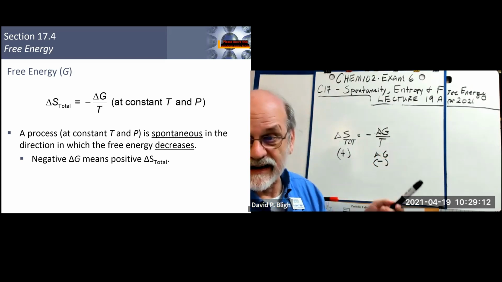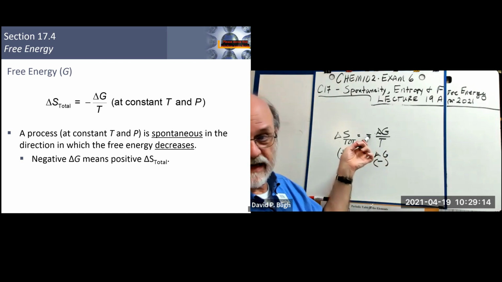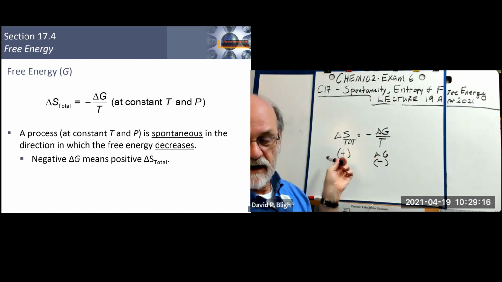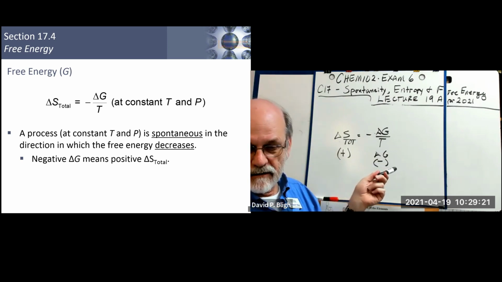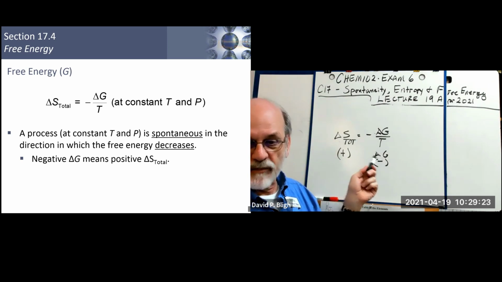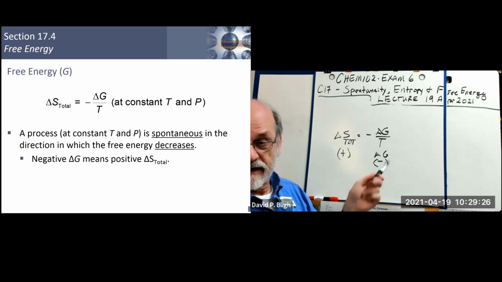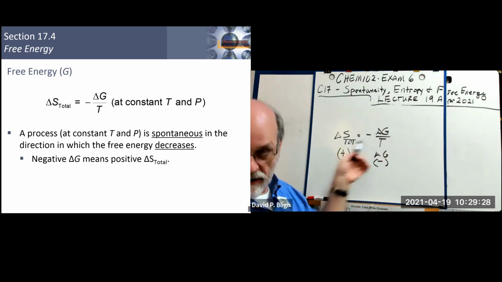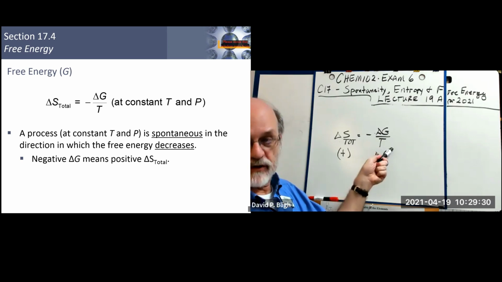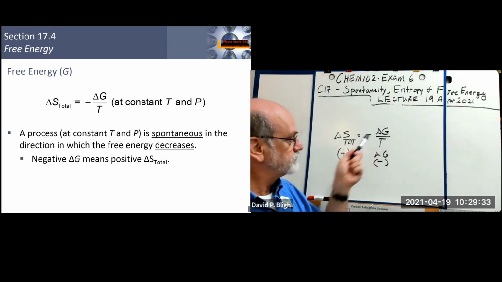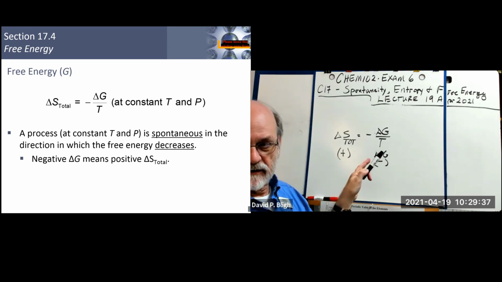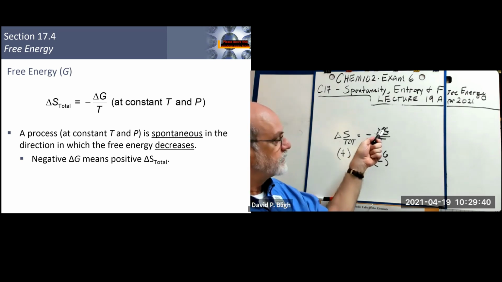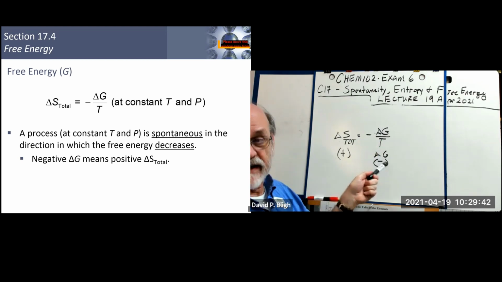Delta G has to be negative, right? Because a negative times a negative is a positive. So whenever delta G is negative, that means a positive delta S. Now the magnitude of the value is dependent upon temperature, inversely proportional to temperature. So temperature is still a factor, but we can say that if delta G is negative, then it is spontaneous to some degree.